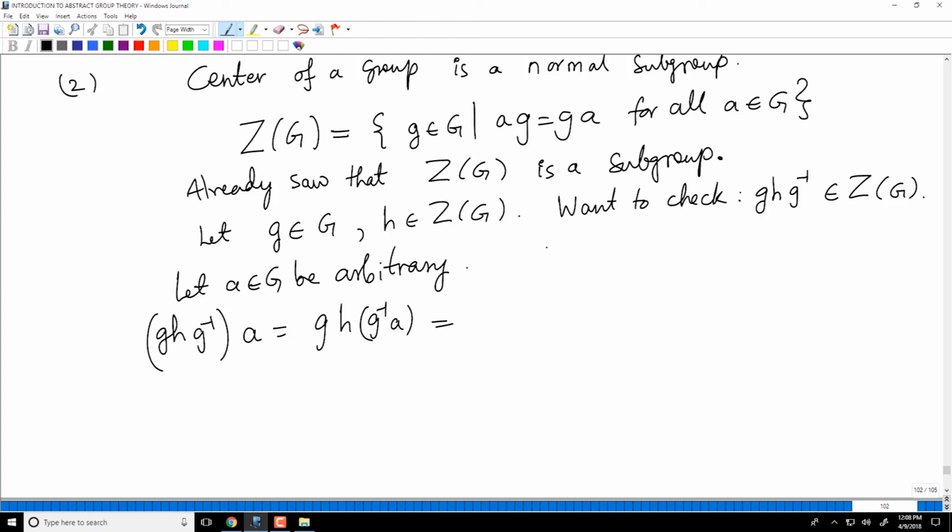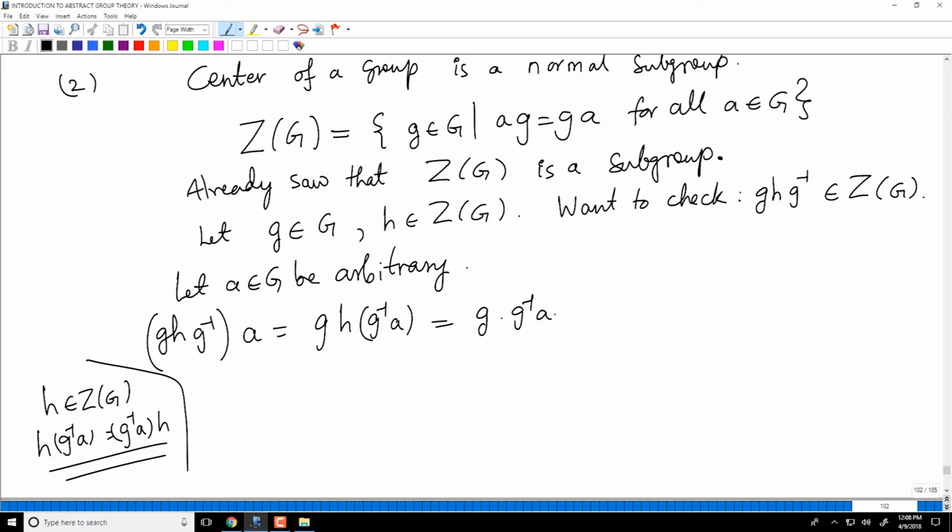So in particular, it commutes with g inverse a. So h times g inverse a is g inverse a times h. I'm not disturbing this g.